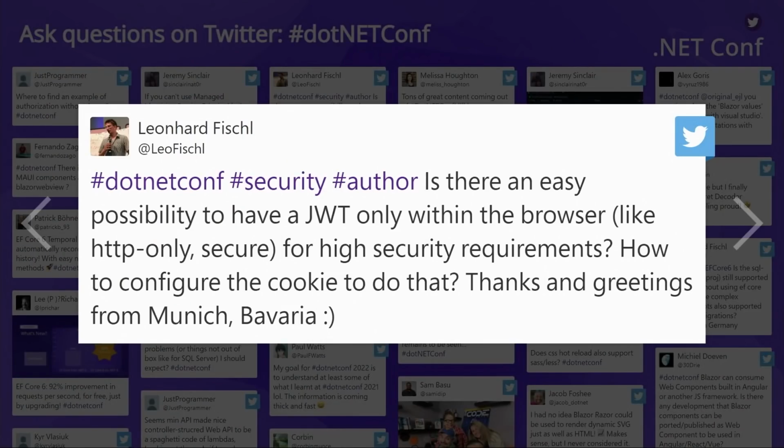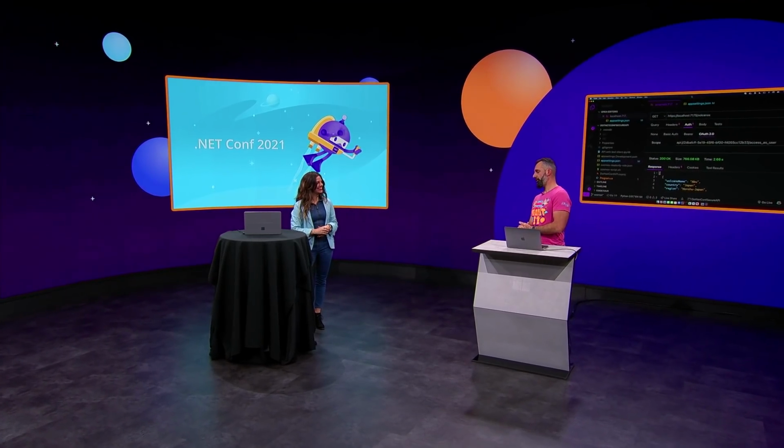Okay. Cool. So, is there an easy possibility to have a JWT only within the browser, like HTTP only secure, for high security requirements, and how to configure the cookie for that? And greetings from Munich. Well, hi Munich. Thank you for the question.